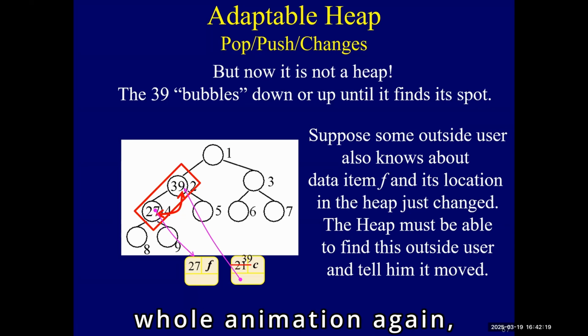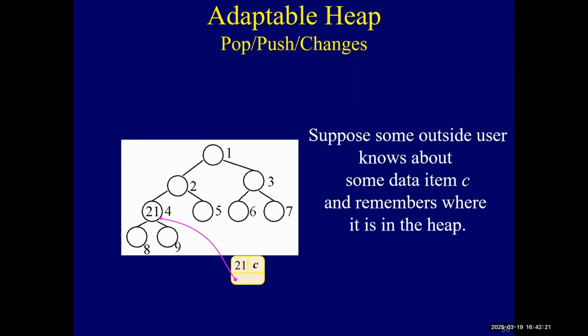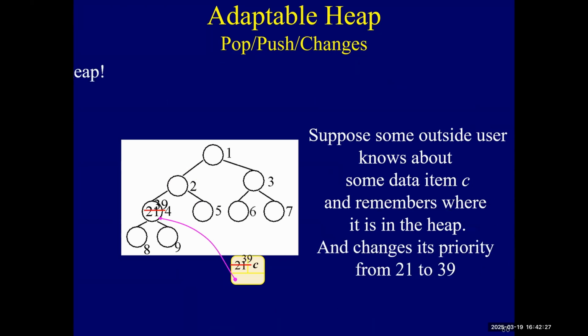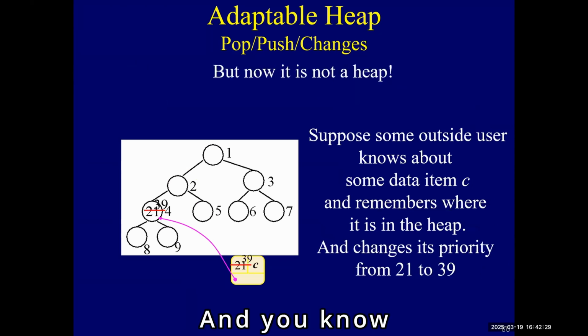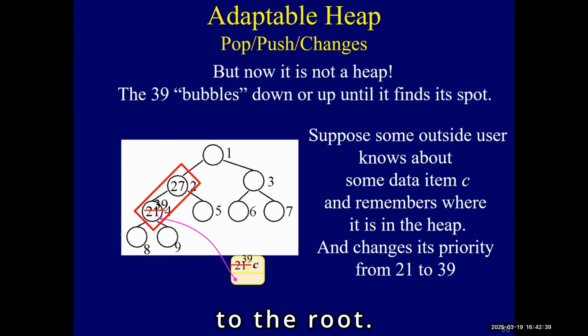You want to do the whole animation again? The switch. All right, so here, C says I'm changing. And you know that there's a pointer from C to 21, and there's a pointer from 21 back to C. And then you say, oh, I compare to the root. There's a pointer from 27 to F, and a pointer from F back to 27.